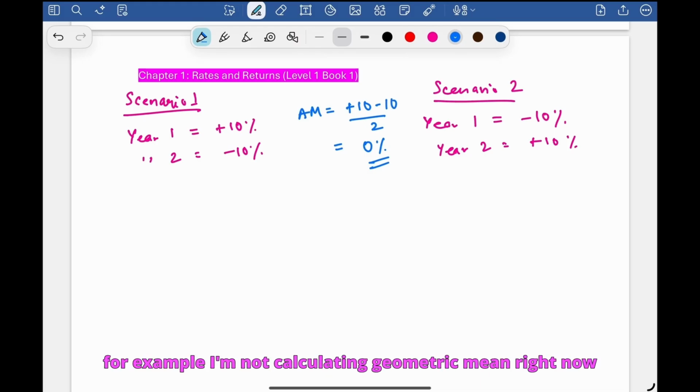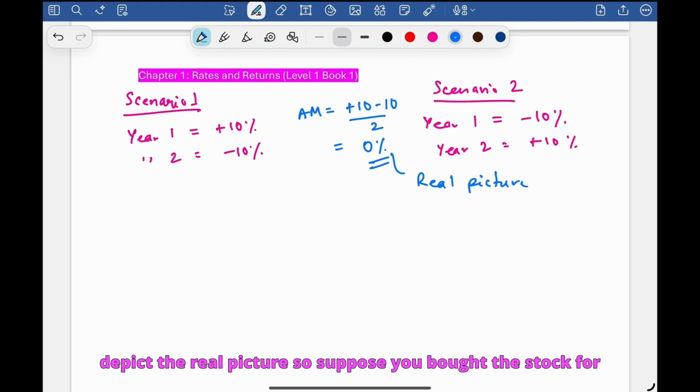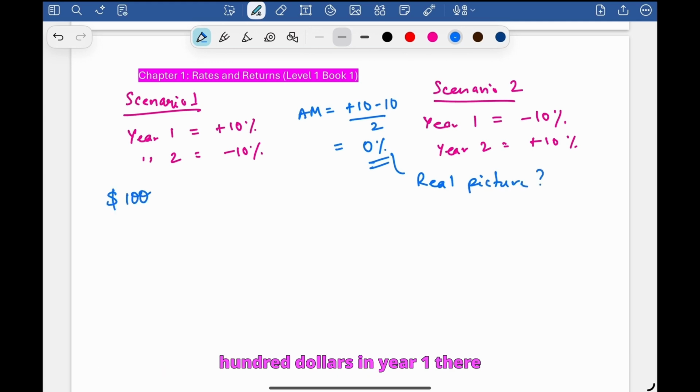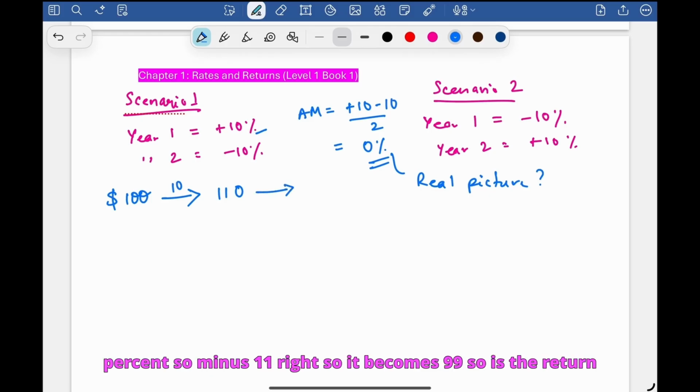But arithmetic mean does not give you the actual picture. Why? I'm not calculating geometric mean right now, but let's understand why it does not depict the real picture. Suppose you bought the stock for $100. In year 1, there was a 10% increase, so you add 10 to it, it becomes 110. Now it decreased by 10%, so minus 11, so it becomes 99.